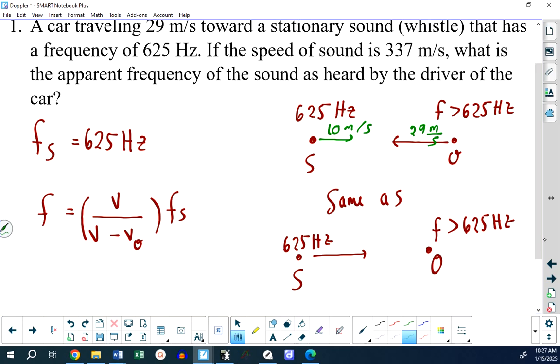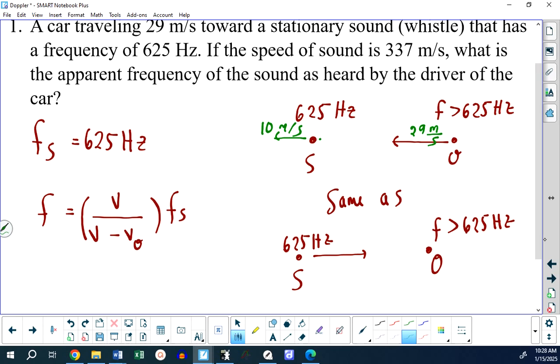If this is what's happening, the car is moving 10 meters per second to the left, and the source is on the right of it moving at 29 meters per second, are they getting closer together? Yes, so it'd still be minus. At what rate? 19, right?